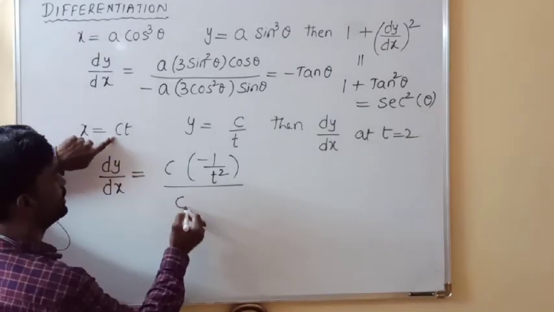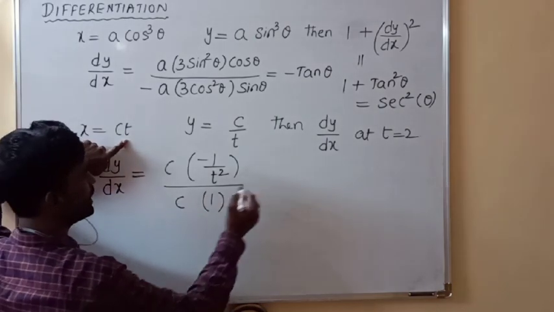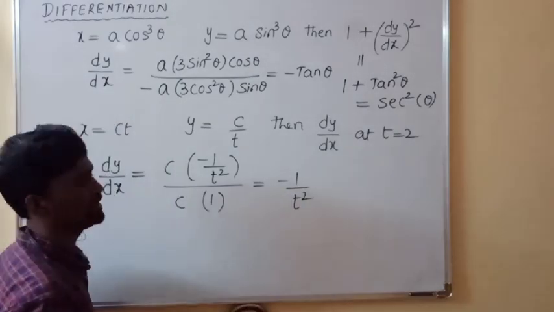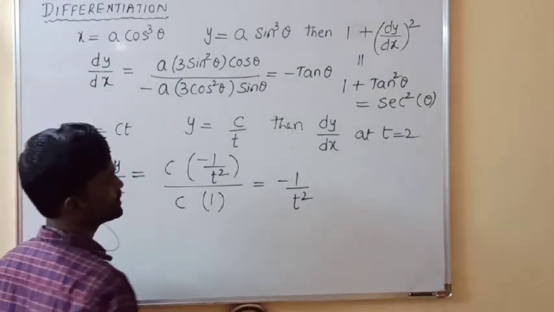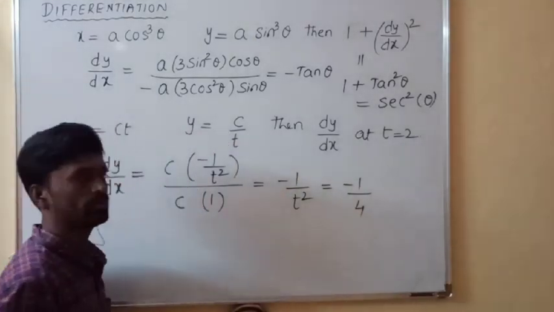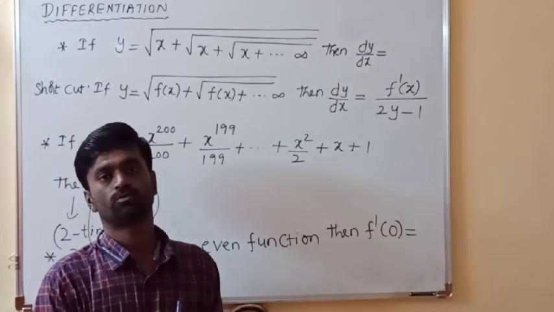So t derivative with respect to t, what will you get? 1. Now c gets cancelled. What will you get? Minus 1 by t square. But what is the t value? 2. If you substitute t value 2, you get minus 1 by 2 square. 2 square is how much? 4. So the answer is minus 1 by 4. That is dy by dx.